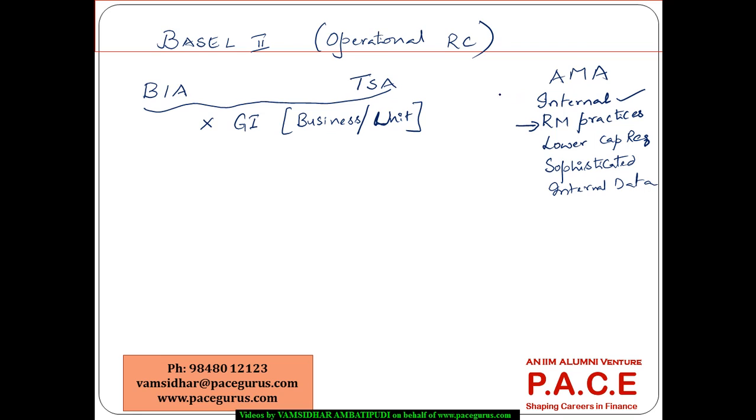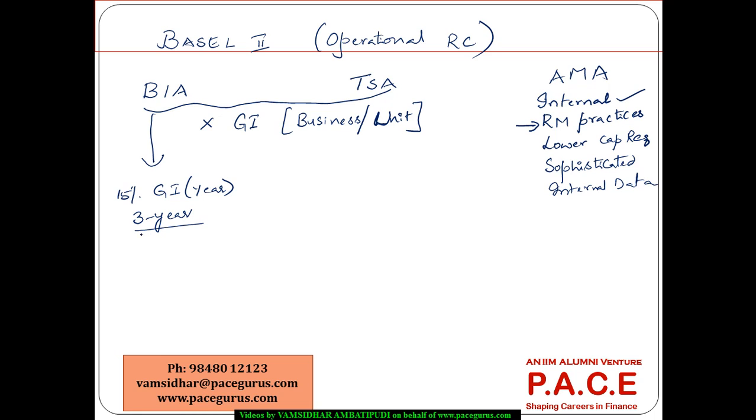And so probably if any bank is comfortable in using an advanced management approach, that's the one that is getting more and more preferred, because when you look at the basic indicator approach, probably it's as simple as 15% of the gross income of the bank over a year, right? Annual gross income over a last 3-year period. That's it.